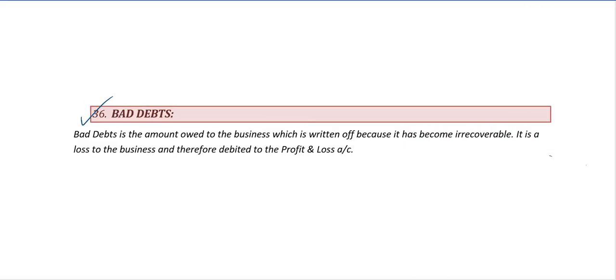Thirty-sixth term, bad debts. Bad debts is the amount owed to the business which is written off because it has become irrecoverable. It is a loss to the business and therefore debited to the profit and loss account. Let's say rupees 1 lakh is due to the business by some debtor.